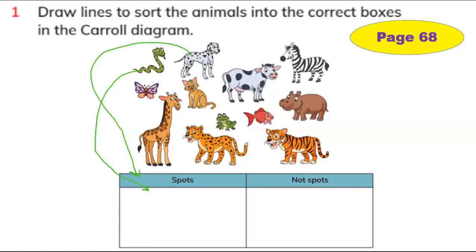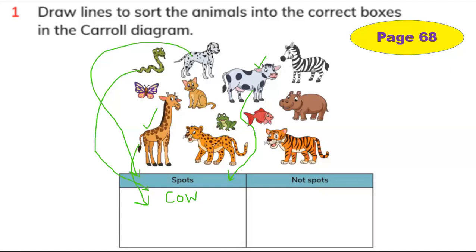And the cow has spots. Okay, I'm going to write cow here. Okay, I'm going to match here because these animals have spots.